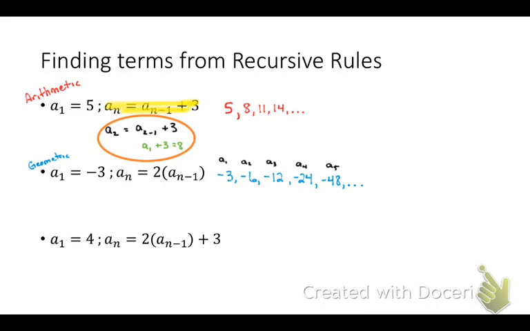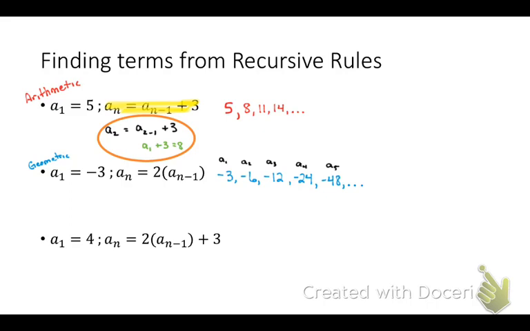Hopefully you're not having to plug in 2 minus 1. Well, that's 1. So the first term was negative 3 and going from there. You're just going to multiply the term that you're on by, in this case, 2, to get your following term.